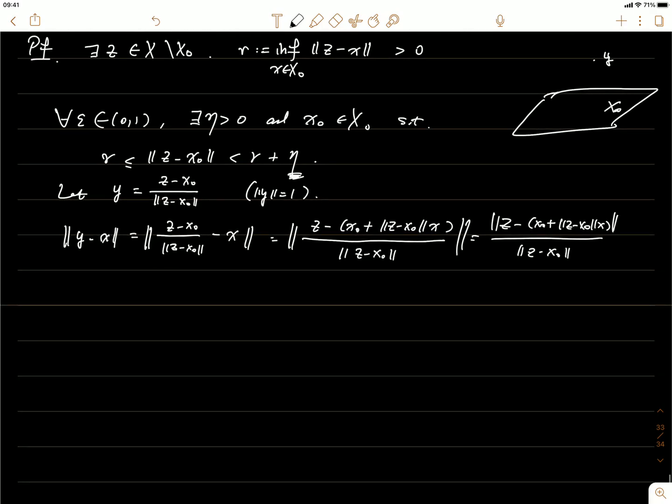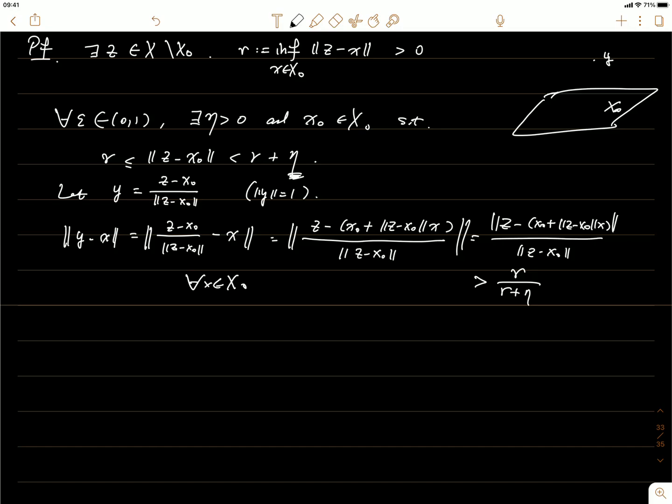Apparently the numerator here, since x naught is in the space x naught, and this x is from the space x naught as well, this must be inside x naught. So I know that this distance must be bigger than or equal to r. At the same time, I know that this is smaller than r plus eta. So in total, I know this must be greater than r over r plus eta. And this is true for any x in x naught.